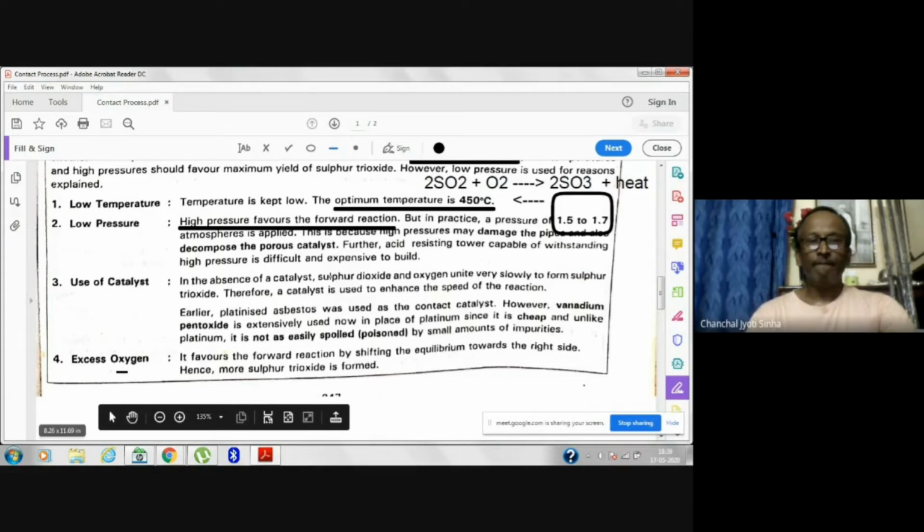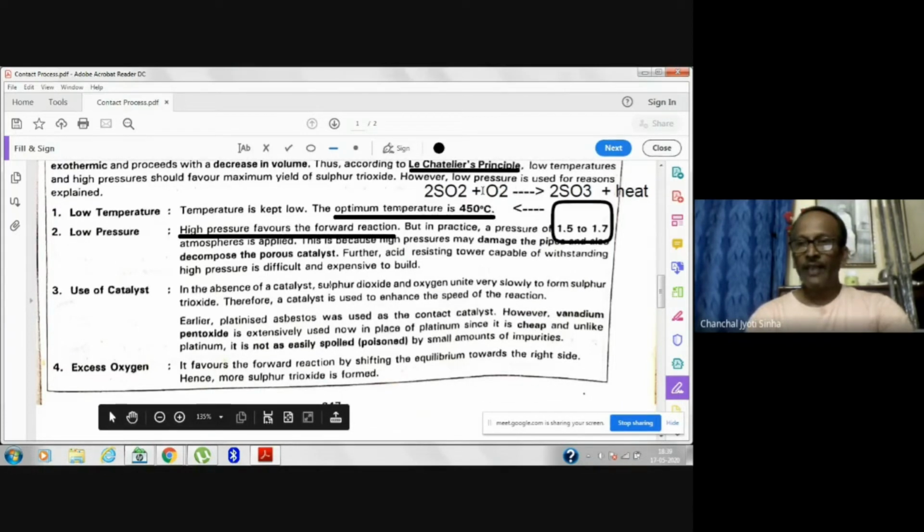Excess oxygen favors the forward reaction by shifting the equilibrium towards the right side. That means if we use excess oxygen, then this reaction will shift towards right favorably. That means more sulfur trioxide will be produced.